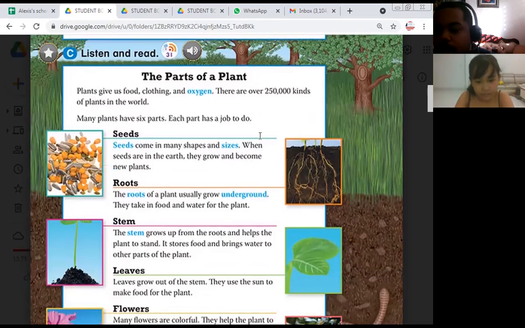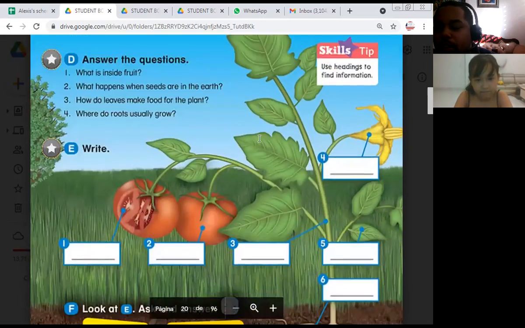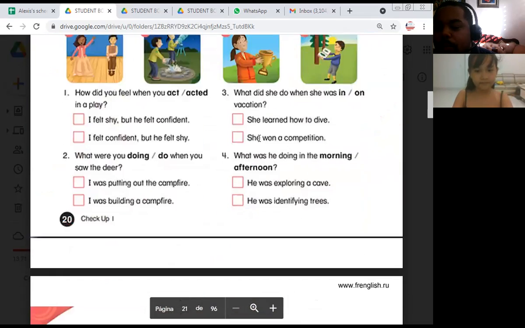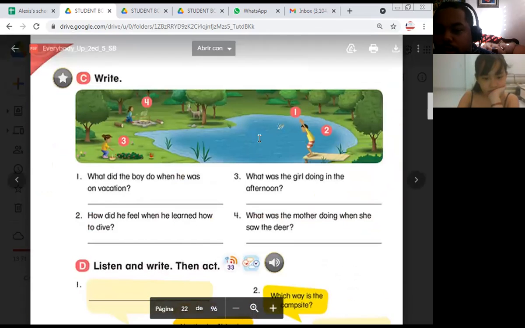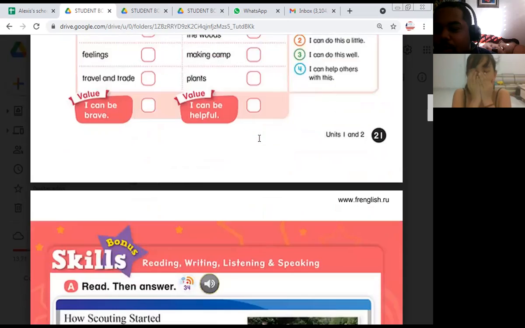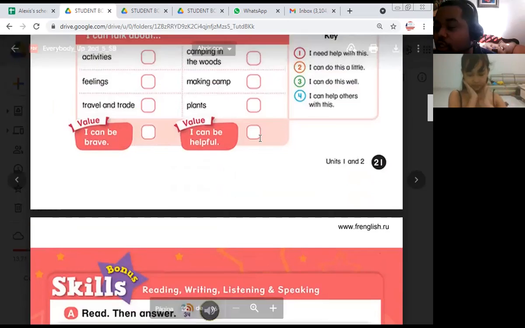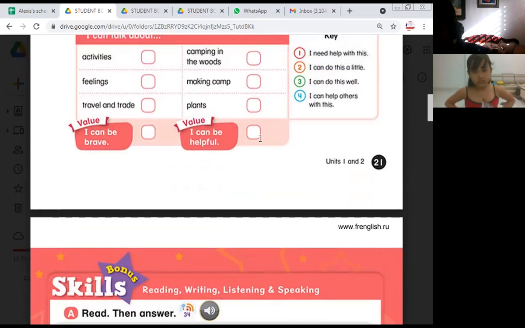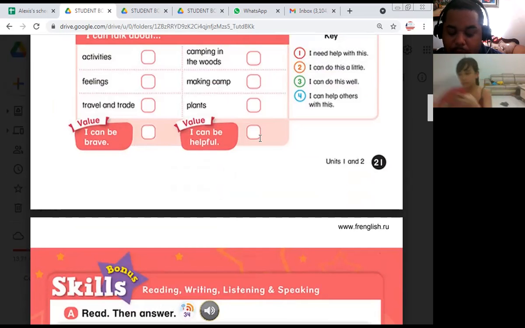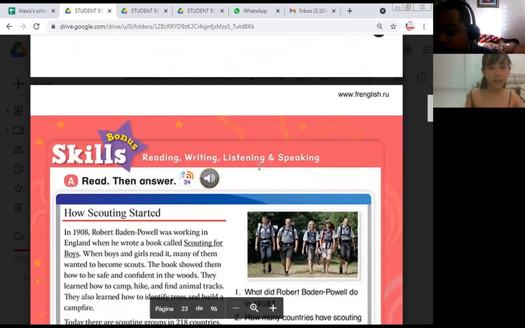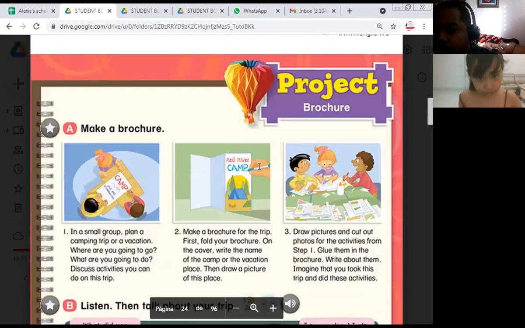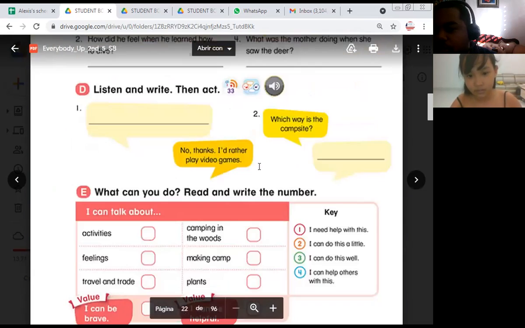That is the stem. So to finish this part, Bonnie, I am going to give you homework. I'm going to give you a page. Let me write it here just in case, because I also like to have this. The homework is going to be page 21. I will assign you this one.